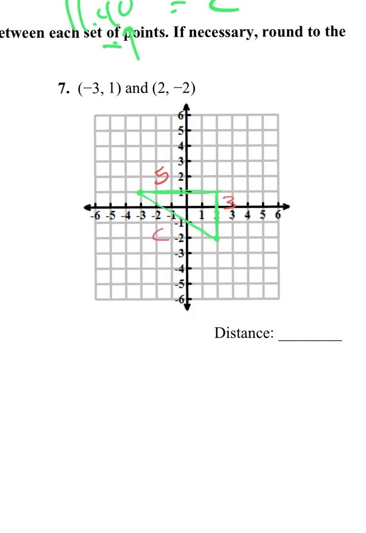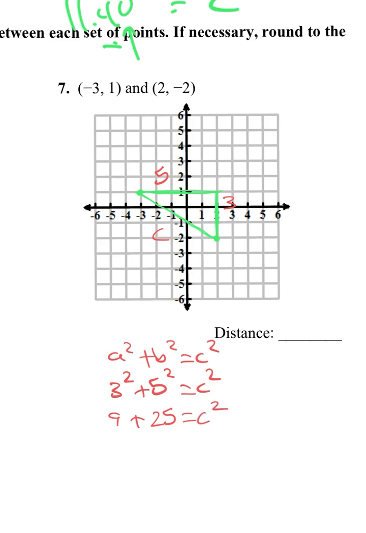All right. You got it. Pythagorean's theorem. So a squared plus b squared equals c squared. A squared is 3 plus b squared is 5 equals c squared. 3 squared, 3 times 3, that's 9. Plus 5 squared, which is 5 times 5, 25, equals c squared.